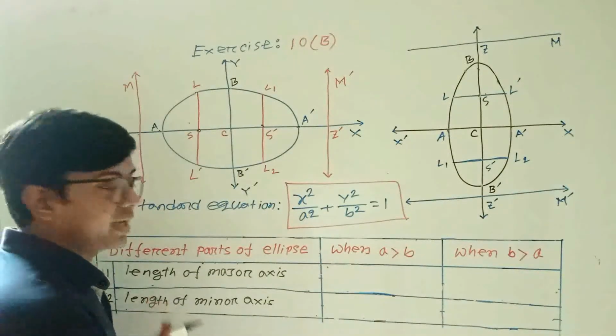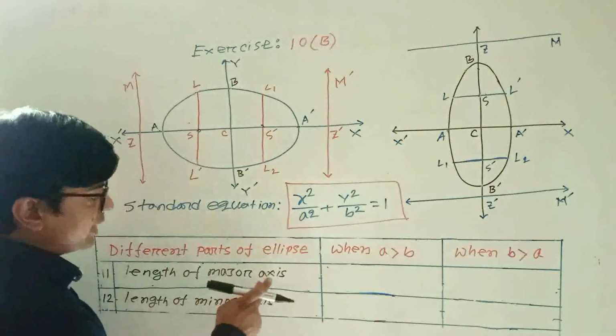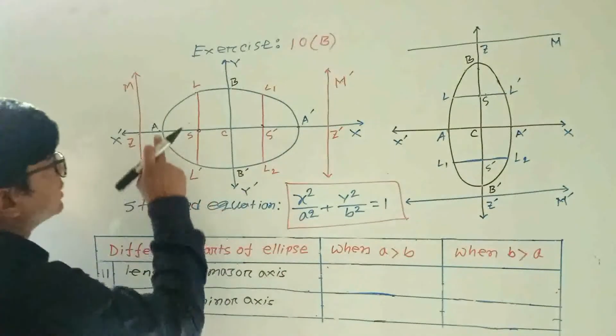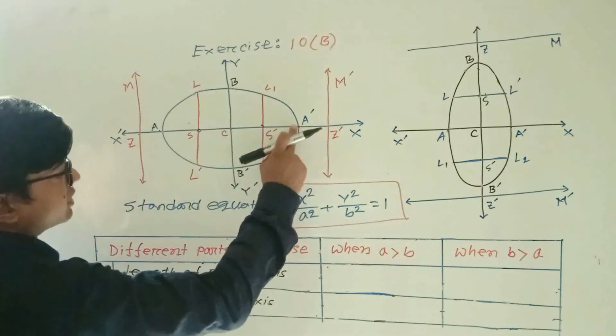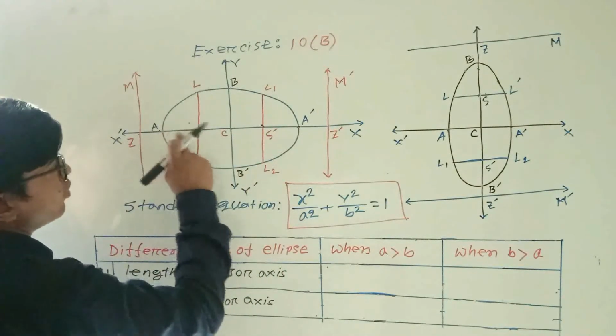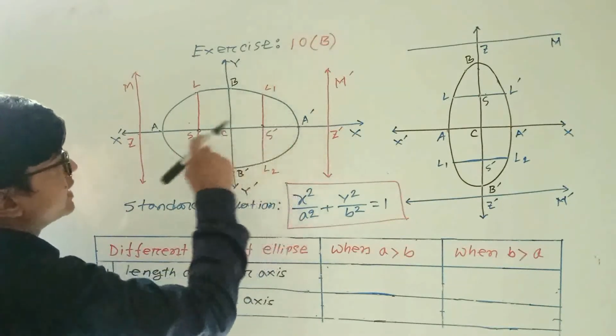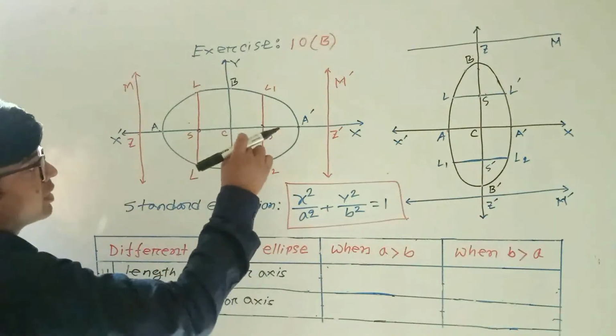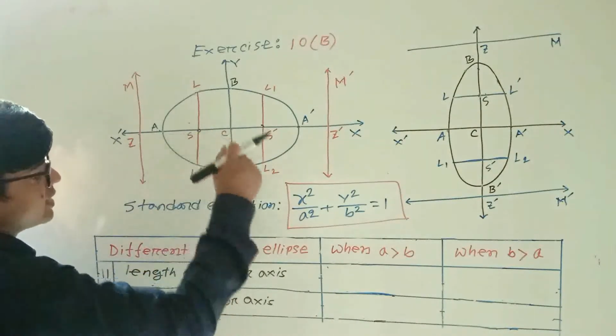Now formula number 11, length of major axis, length of minor axis. Look at this. Here the distance between the two points A and A prime is the major axis, which is denoted by A.